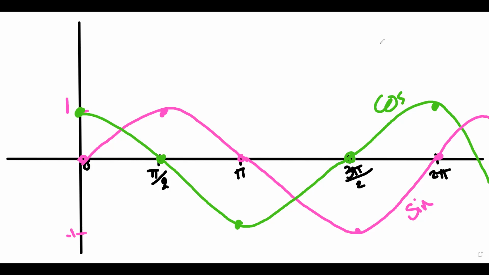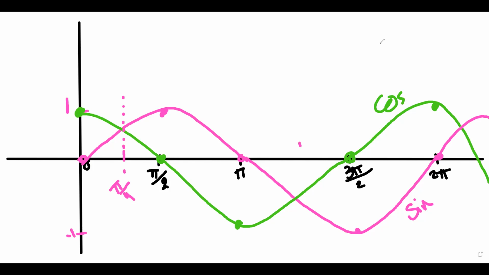And as you see here, these are the points where the two curves meet, which is at pi over 4. That's where the cosine and the sine of the angle are equal, at pi over 4.